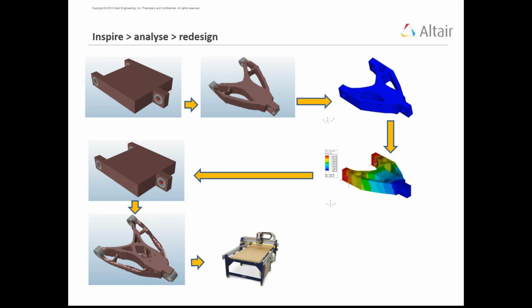So then you would want to go back to Inspire, maybe give a more aggressive input so that you remove more mass and you still don't compromise on performance, and then you go to manufacturing with a much better shape.